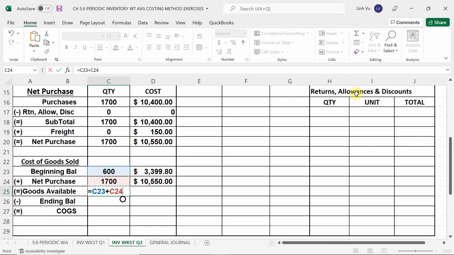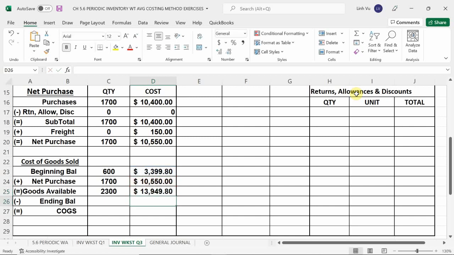How many items do I have available? 2,300 at a total cost of $13,949.80.